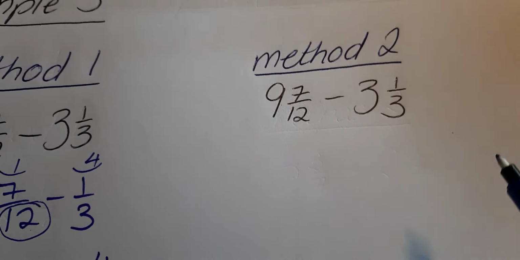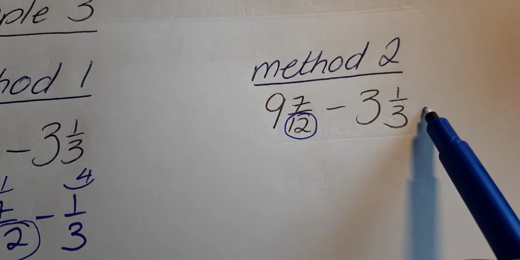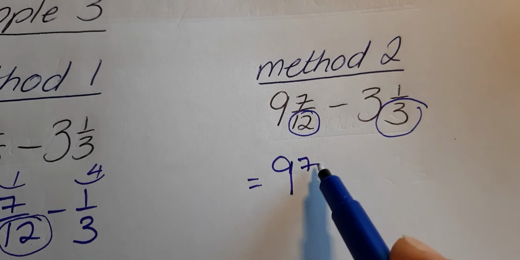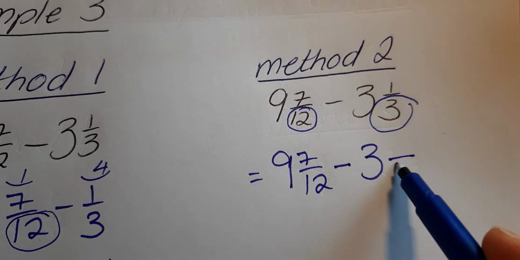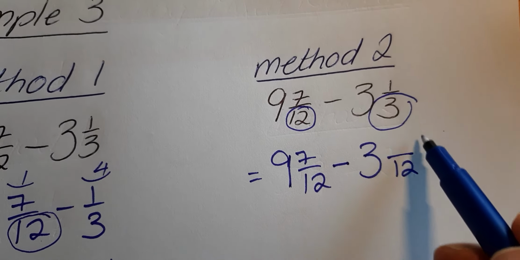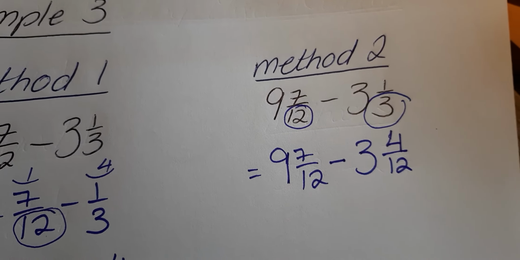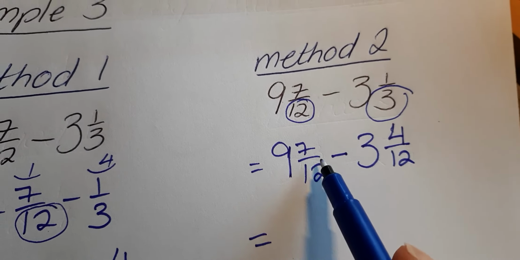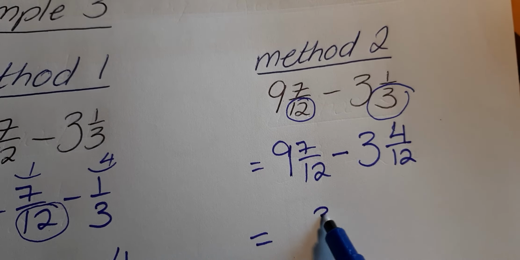And the variation on this, we notice straight away that the denominators are not the same, so we will make them the same. So this is going to be 9 and 7 twelfths minus 3. Make that into 12ths as well. So I times the numerator by 4. 1 times 4 is 4. Now I'm ready to subtract. Subtract the fractions first. 7 twelfths minus 4 twelfths is 3 twelfths.